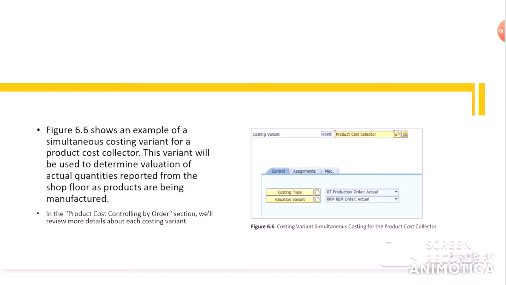This figure shows an example of a simultaneous costing variant for a product cost collector. This variant will be used to determine valuation of actual quantities reported from the shop floor as products are being manufactured. In the product cost controlling by order section, we will review more details about each costing variant.